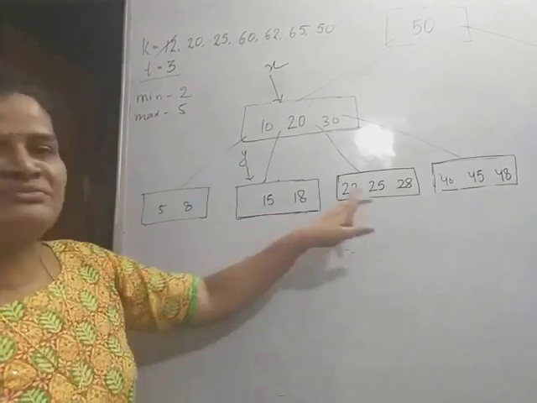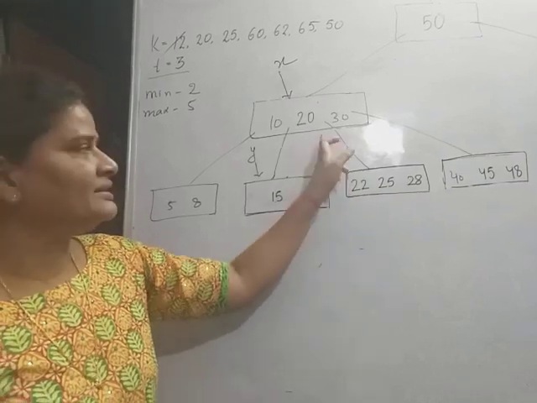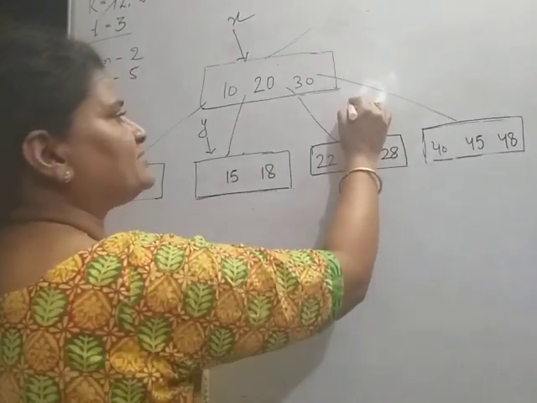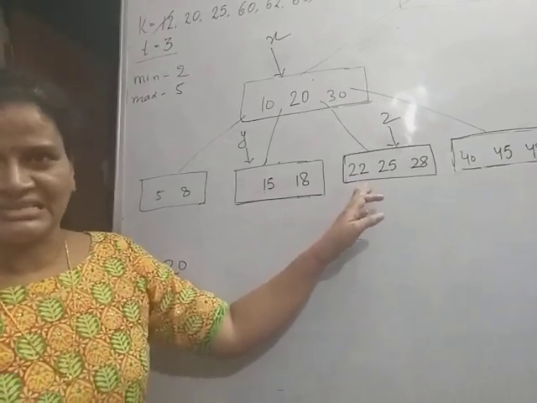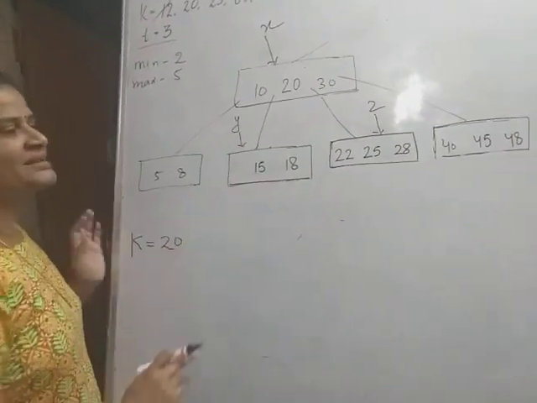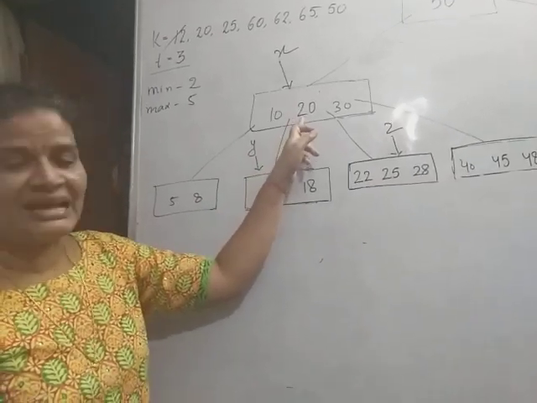Now we have to check the tree Z that follows 20 and whether it contains t number of keys.